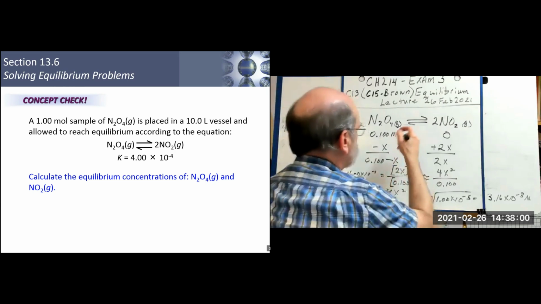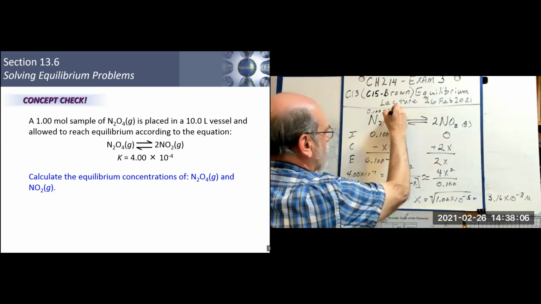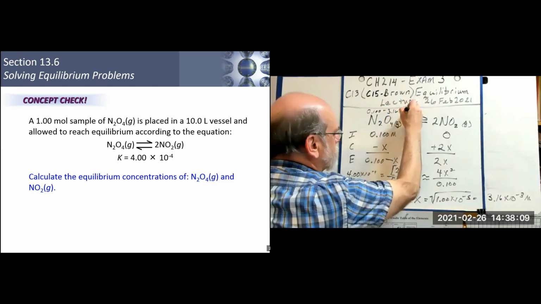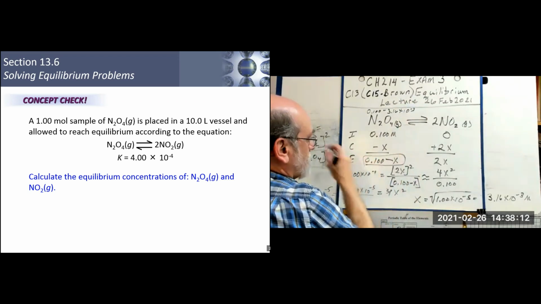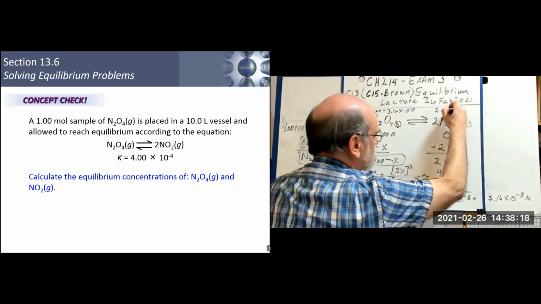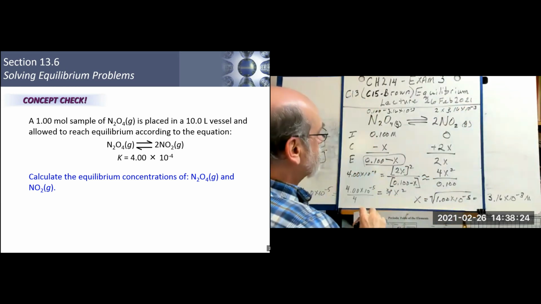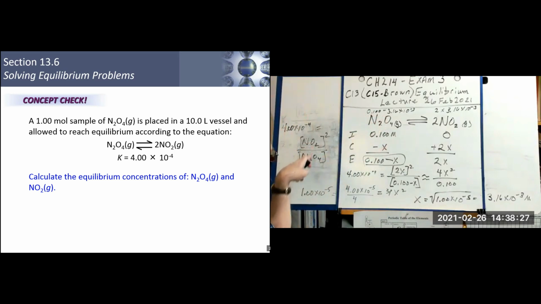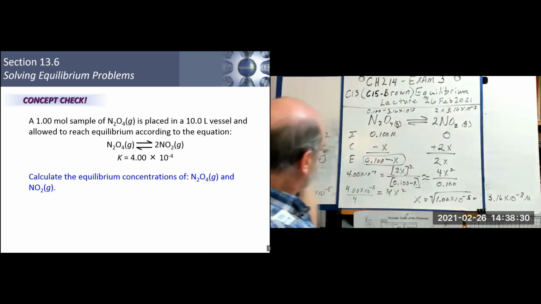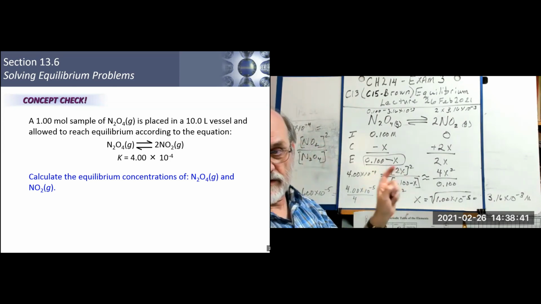So the concentration of this one is going to be 0.1 minus 3.16 times 10 to the minus 3, because of this. And this one's going to be 2 times that value, so that's 2 times 3.16 times 10 to the minus 3. Okay, so we're going to get a value for that one, and we put it in here. And we get a value for that one, and we put it in here. And do the calculation. If that calculation is plus or minus 5% of that value, then our assumption is considered valid.